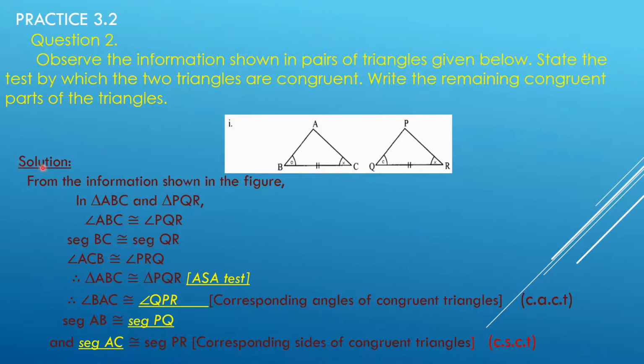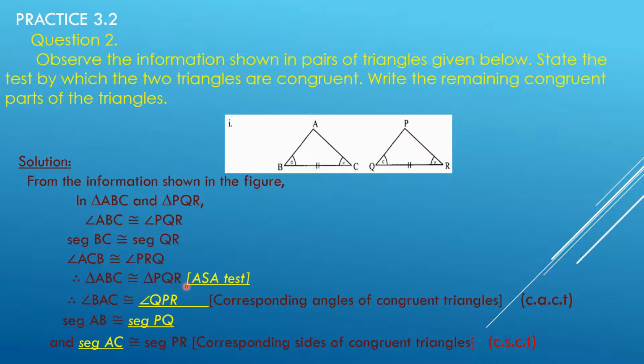Solution: from the information shown in the figure, in triangle ABC and triangle PQR, angle ABC is congruent to angle PQR, and segment BC is congruent to segment QR, and angle ACB is congruent to angle PRQ. By which condition are these two triangles congruent? This is angle side angle. Therefore, by ASA test, triangle ABC is congruent to triangle PQR.